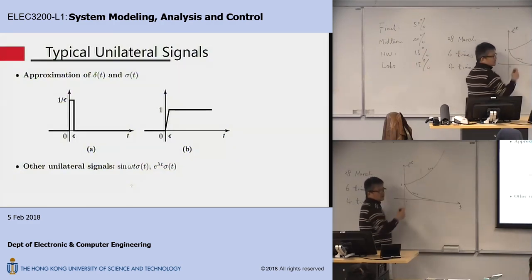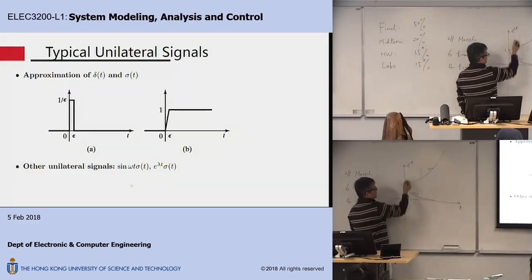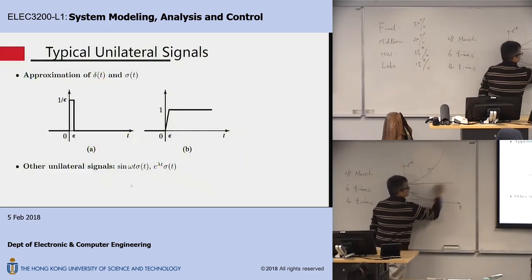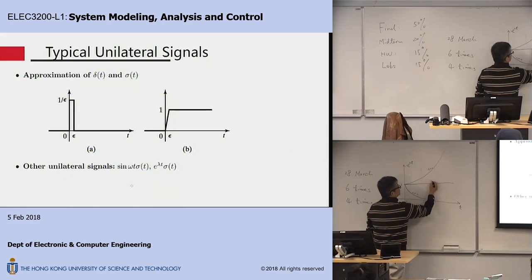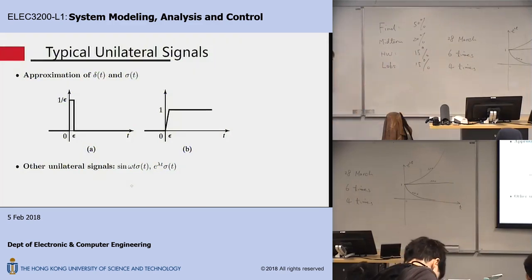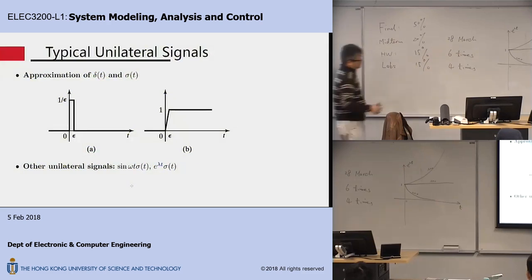Also, if lambda is equal to 0, then it's just a constant. It's an exponential function. You will see this very often.